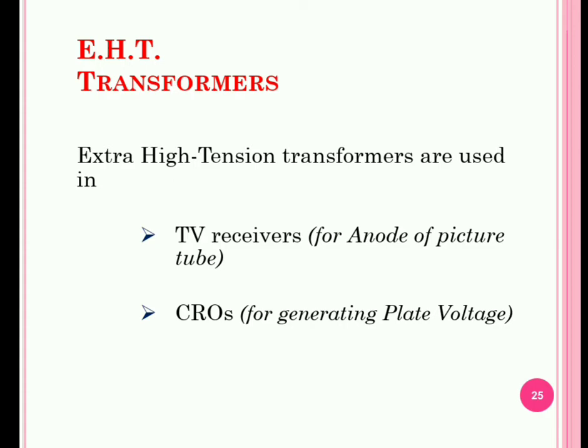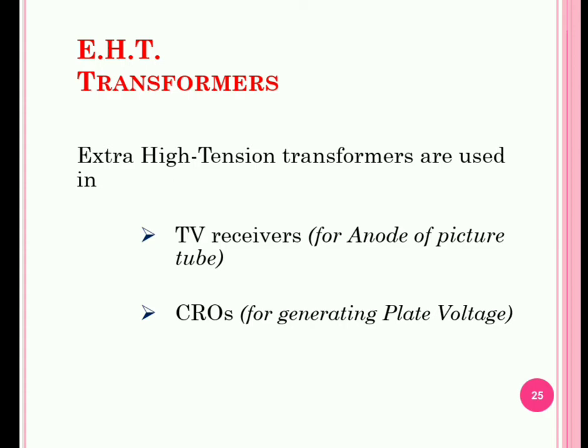If you really go for such a design, the transformer will become very bulky, because the turns ratio has to be 1 to 100, which is practically impossible.